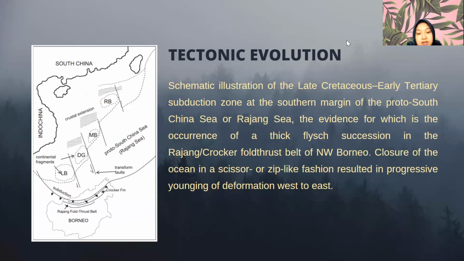A second collision between the Dangerous Grounds block and Sabah resulted in what we call the Sabah orogeny, which is generally thought to coincide with the end of seafloor spreading in the South China Sea. The accretionary complex of the deformed and uplifted deep sea sediment makes up the Rajang Fold and Thrust Belt, as we can see in this figure.